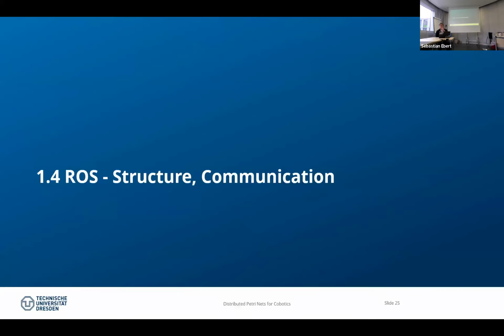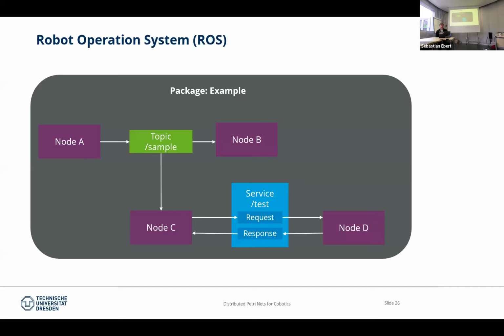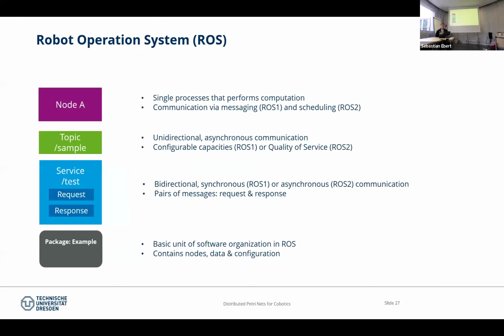So how is ROS structured? Again, in a nutshell. Basically, that's how a ROS package looks. You have some nodes, which are connected by topics, a unidirectional communication mechanism, and services, which are basically a request-response-based pattern. Such a node is basically a single process that performs computation and exchanges messages, as already said.